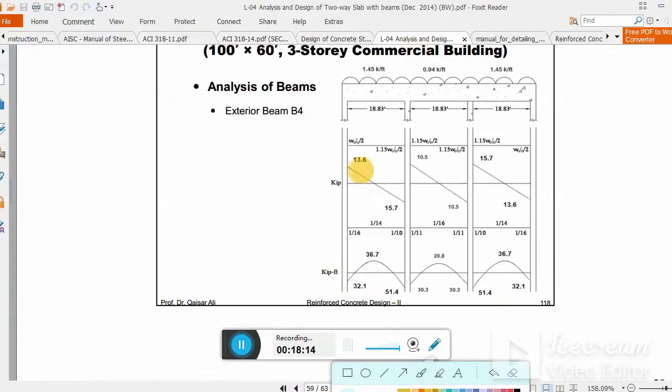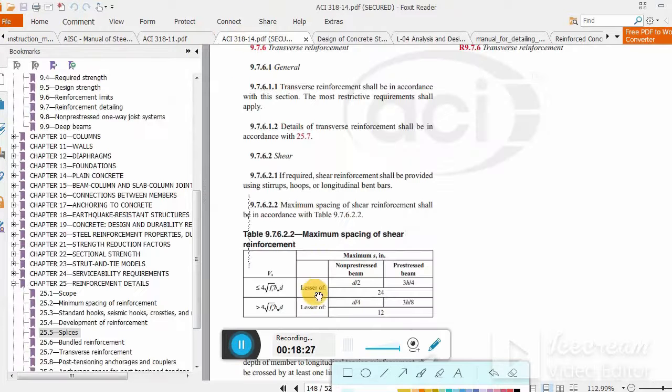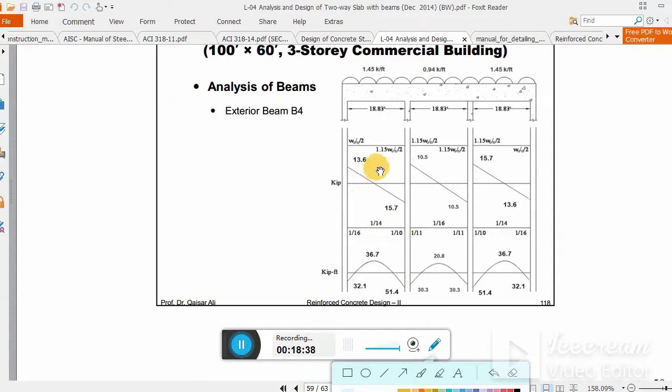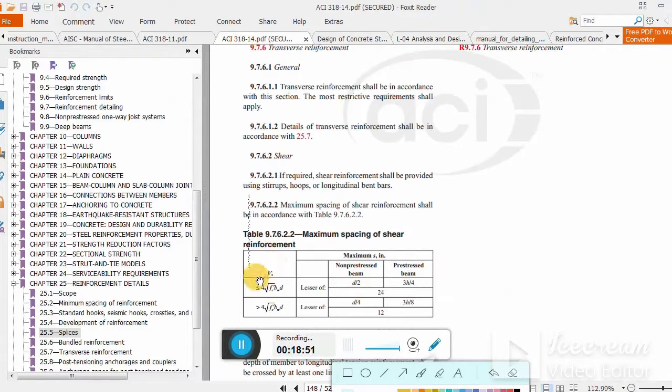For example, you calculate the spacing for 13.6 kip shear, and the spacing comes out to be 15 inches center to center. Now we can't use 15 inches center to center if this condition exists. Let's say for 13.6 kip we calculate the stirrup spacing, and it comes out to be 30 inches center to center.